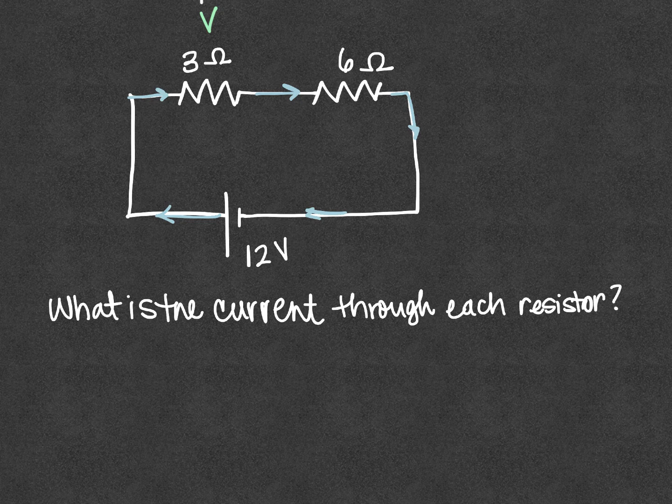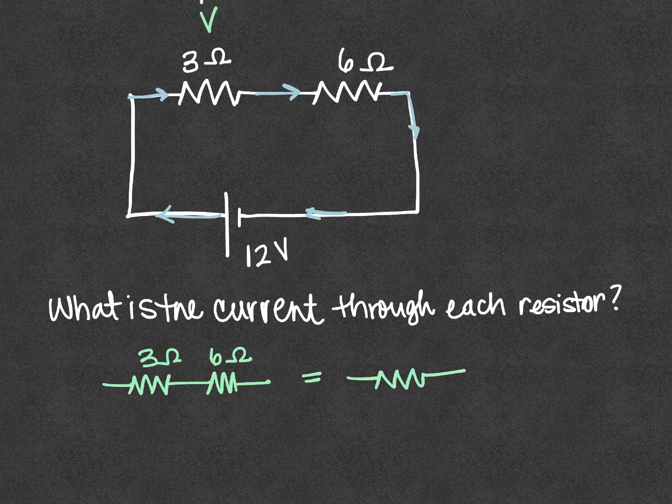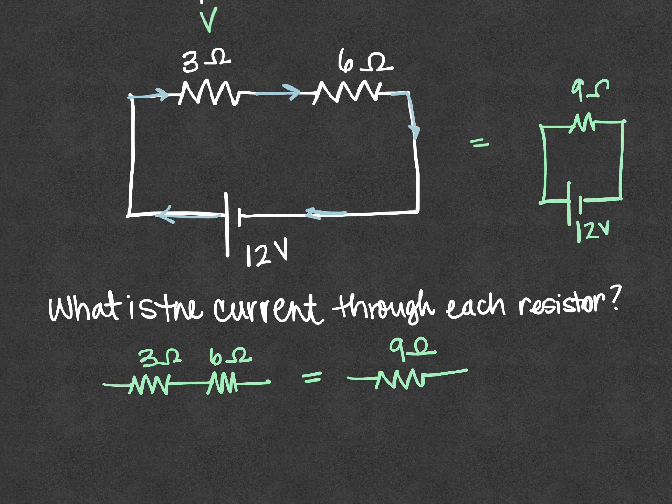If the 3 and the 6 are in series with each other, the rule is that the 3 ohm resistor and the 6 ohm resistor would add up to be an equivalent of 9 ohms. So it's really like a 12-volt battery is connected to a 9 ohm resistor, and that's all.